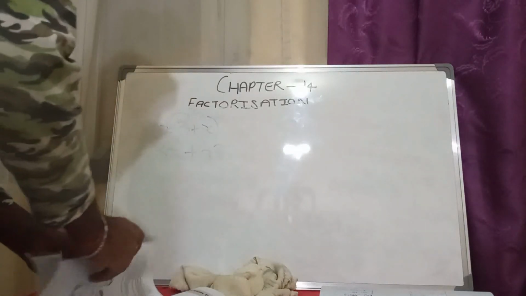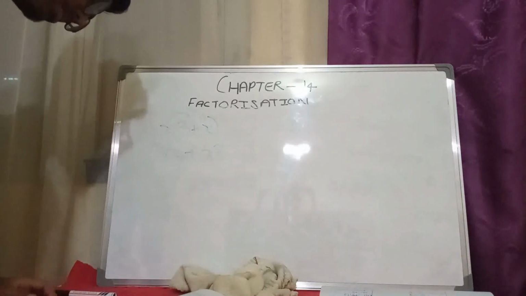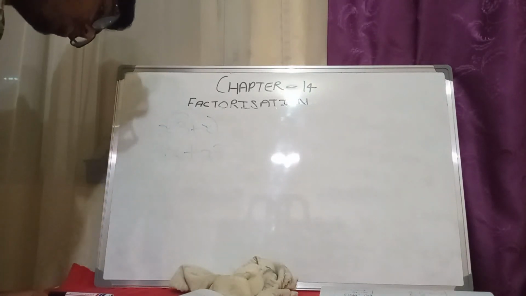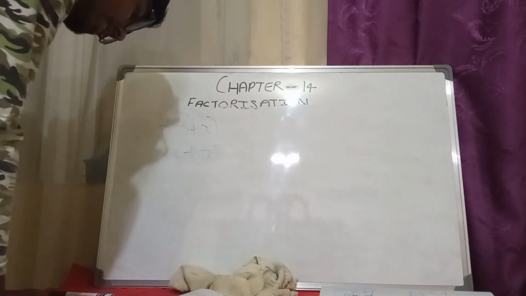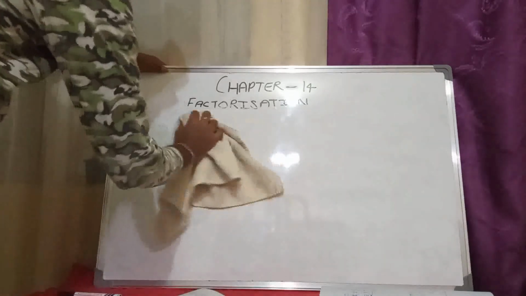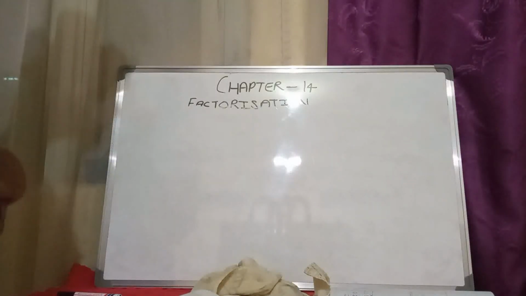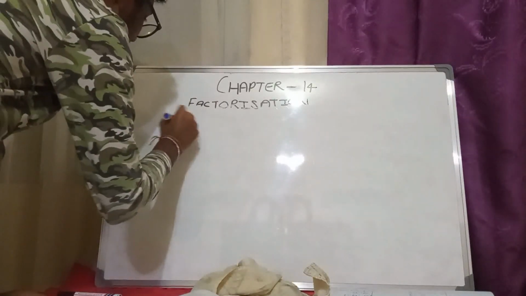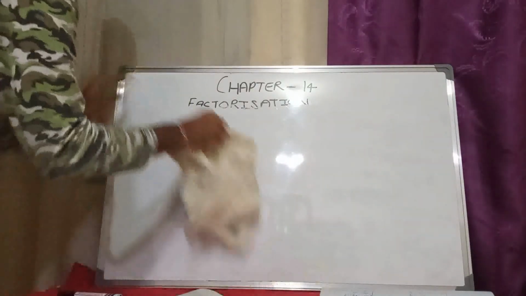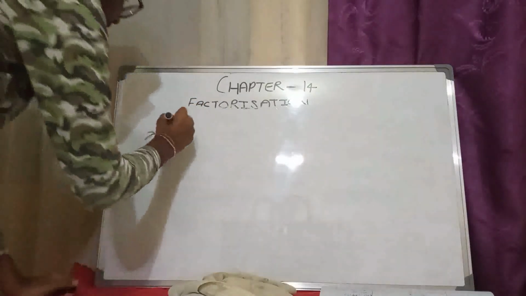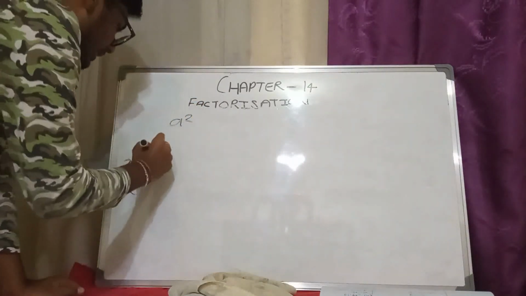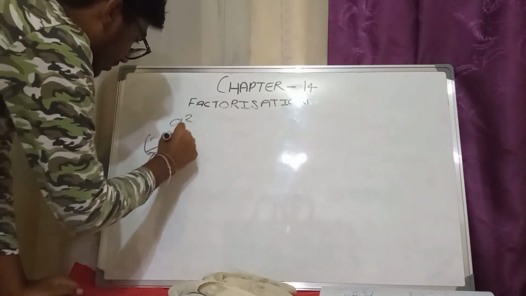The next one is, remember when you square a monomial, the numerical coefficient and each factor has to be squared. So in the identities, this error should not be done. For example, 2b square.